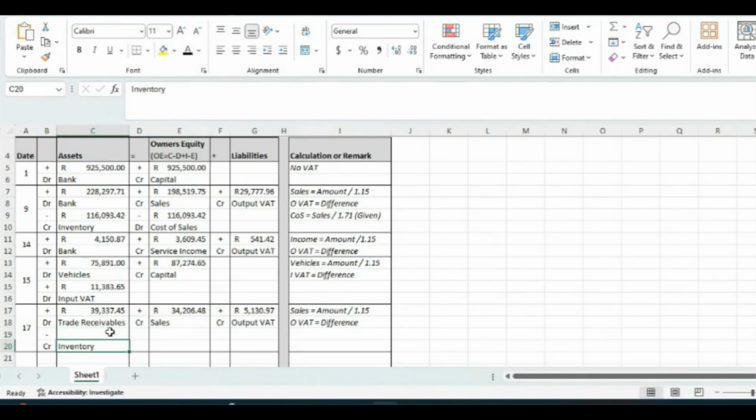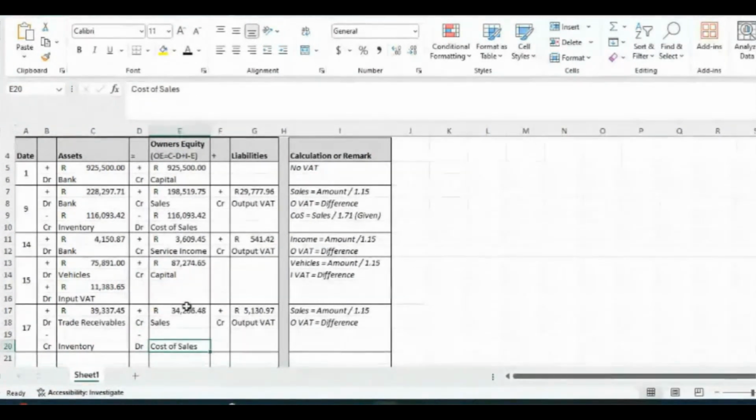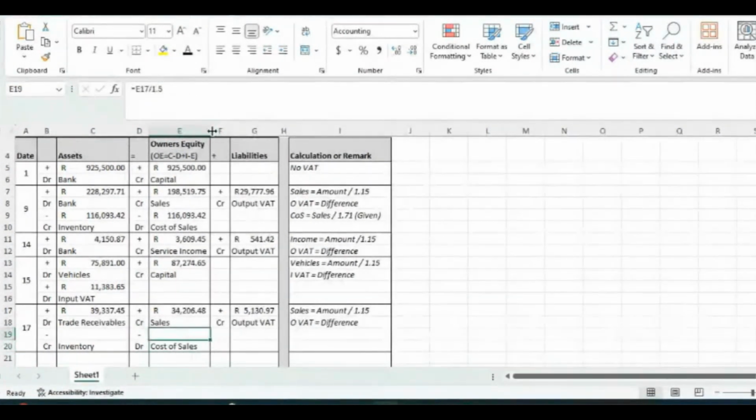And in this case, I said to you, we work from trade receivable to sales. Then, before we calculate the inventory there, we first calculate the cost of sales. The cost of sales is going to be debited here. And we know that to get to the cost of sales, we take the sales amount, excluding VAT, and we divide it by 1.5 in this case, because there is a 50% markup on cost.